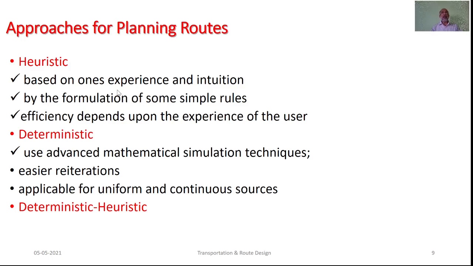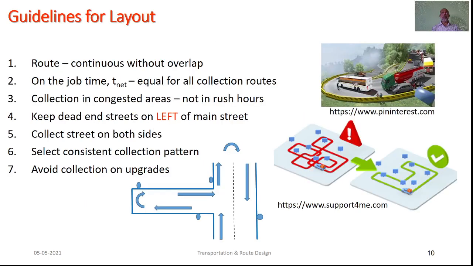Hence, if both the options are clubbed together, the planning of the roads could be quite easy, convenient, as well as economical. Hence, one can go for very simple guidelines. Firstly, we don't wish to have such kind of zigzag.